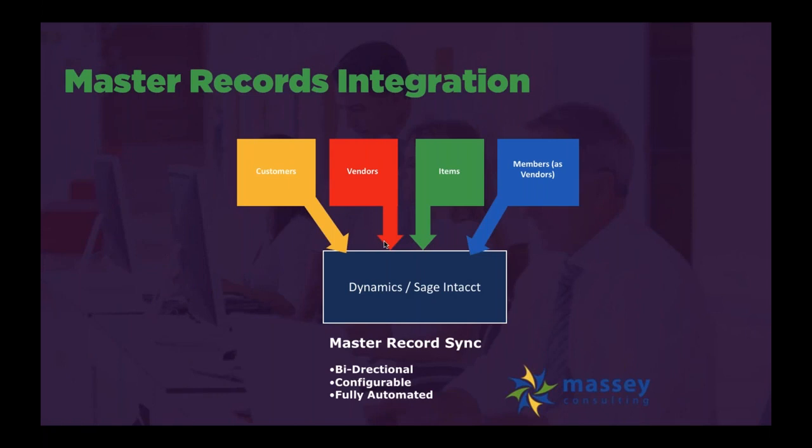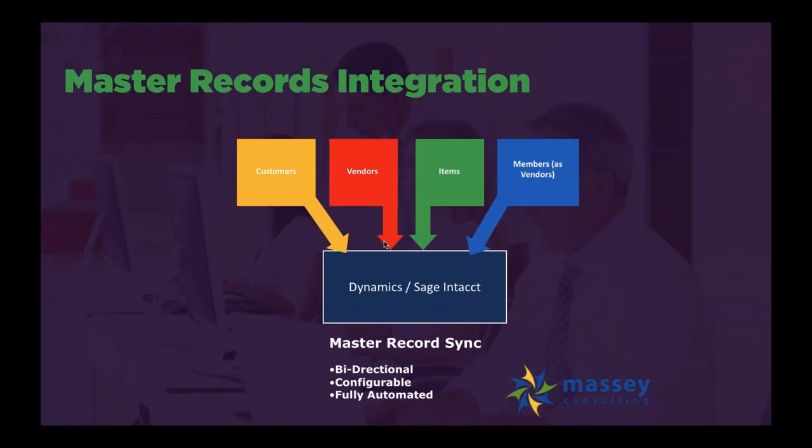So let's talk just the basics here with a master record synchronization. And love this slide. It's got the multicolor. This is our multicolor slide here. So kind of taking our logo down there and celebrated the different colors as well. So we've got customers, vendors, items, and even members, right?